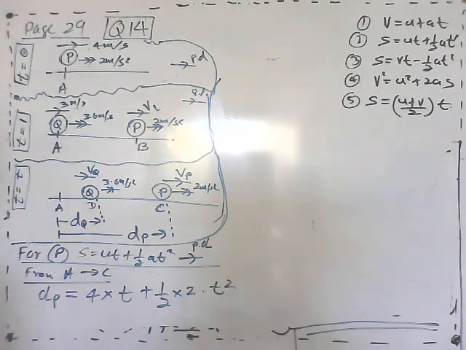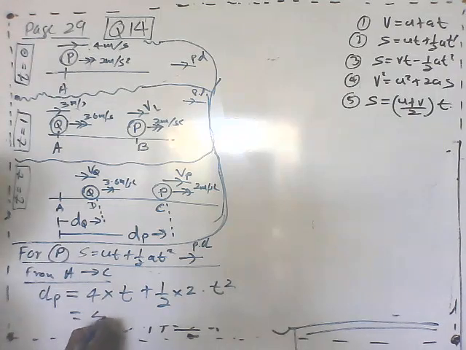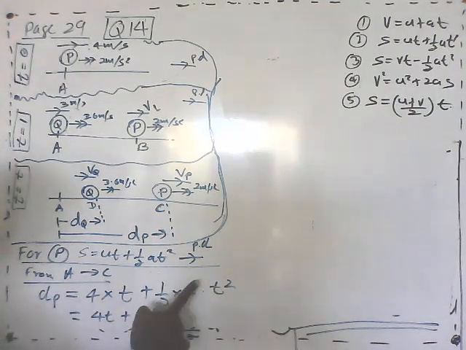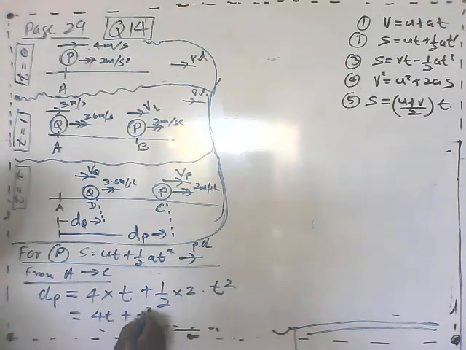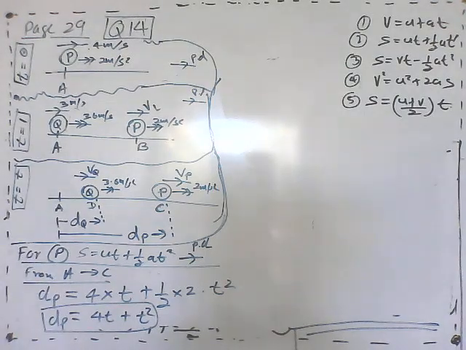The 2 and the half cancel, so dP is equal to 4t plus t squared.